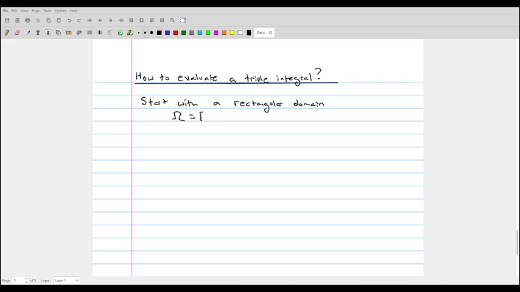Omega is equal to, say, the interval from a to b across the interval from c to d and the interval from e to f. A rectangular domain is the easiest way of evaluating the triple integral. Non-rectangular domains are more complicated, but we'll start with the basic rectangular domain first, and then move into non-rectangular domains in the next lecture.